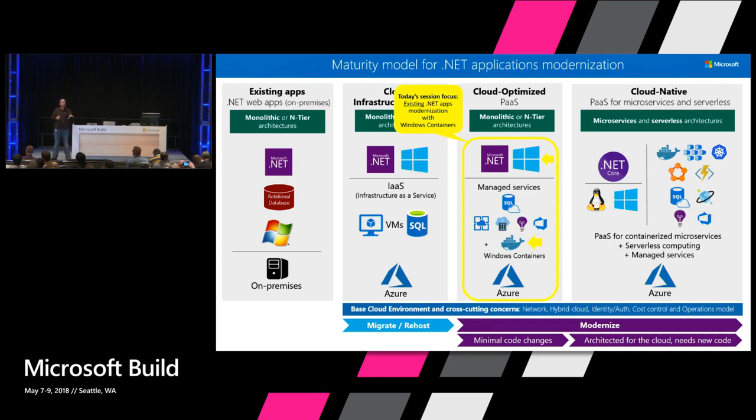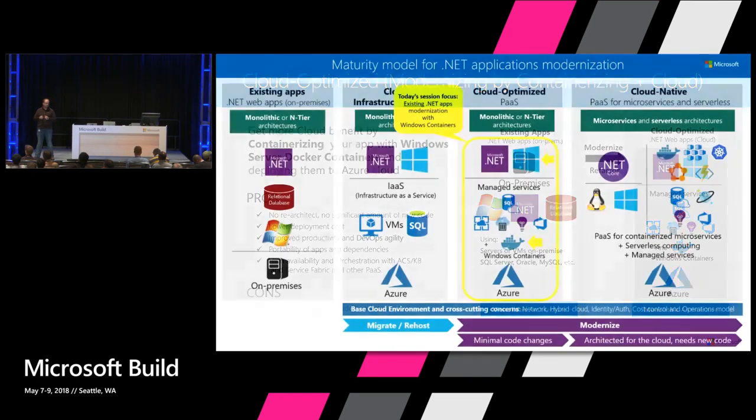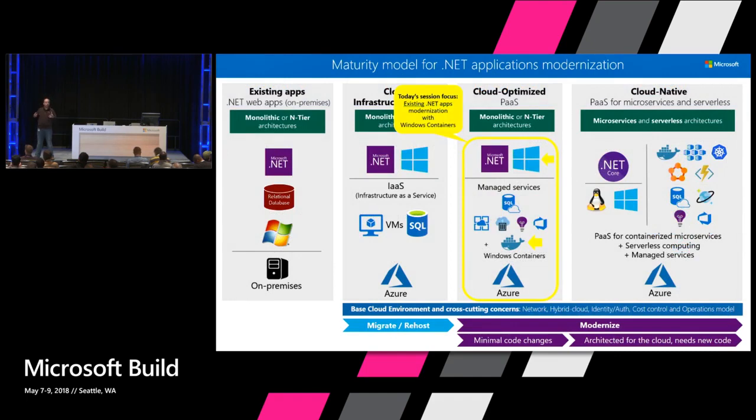You might be using App Insights for analytics, VSTS for your CI/CD pipelines, ACI, Azure Container Instances, App Service, SQL database, and then containerizing your application. Right? So this is the focus of this session. And then the other one is more about .NET Core, cross-platform, microservices, but that would be a different subject.